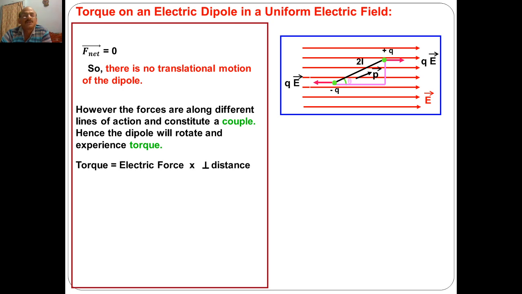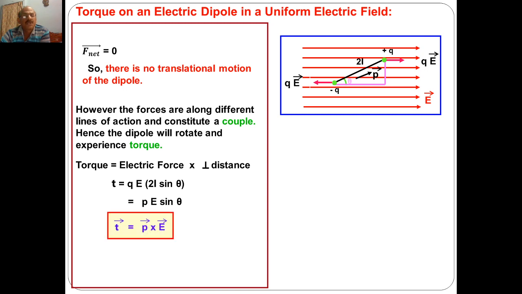And torque is given by electric force into perpendicular distance, and that will be force qE and perpendicular distance 2L sine theta, that is pE sine theta. Remember what is p? Dipole moment, that is q into 2a.